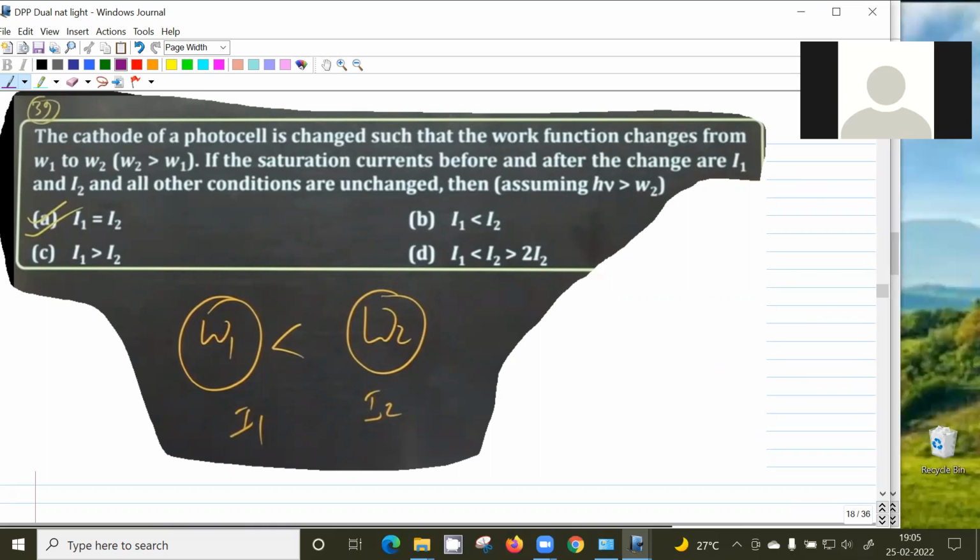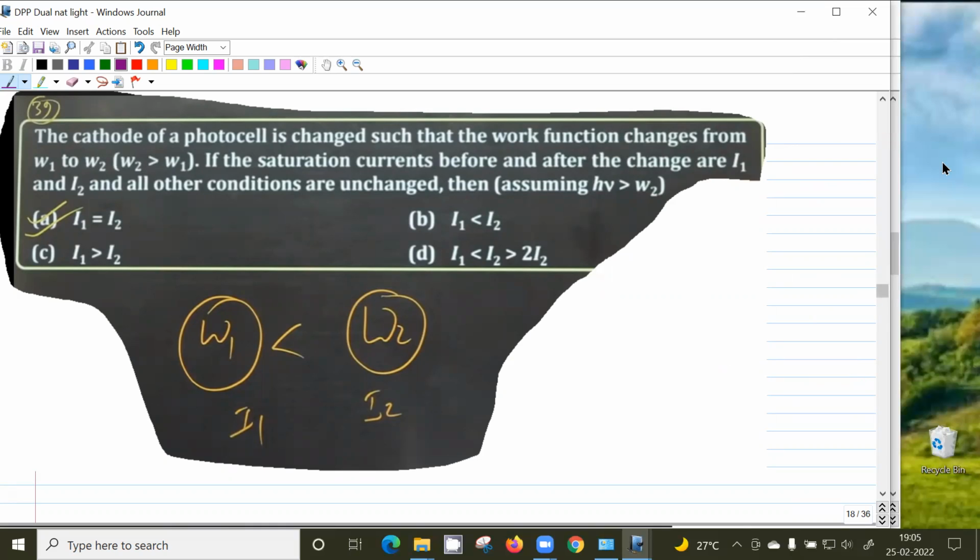The cathode material is changed, it means that... So when the material of the cathode changes, the work function depends on the material of the cathode, no? So the work function will change. Yes, sir.